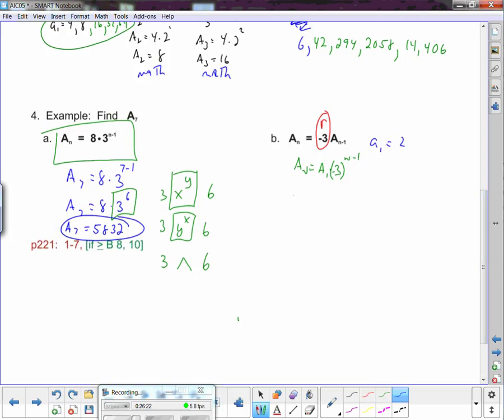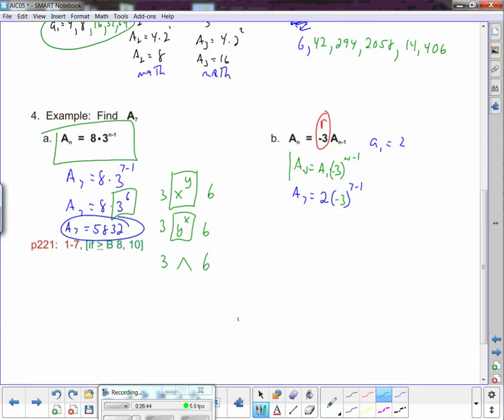Okay, now we're putting in 7s, right? 7 goes there. What is the first term? A 2. What is R? A negative 3. What is n? A 7 minus 1.